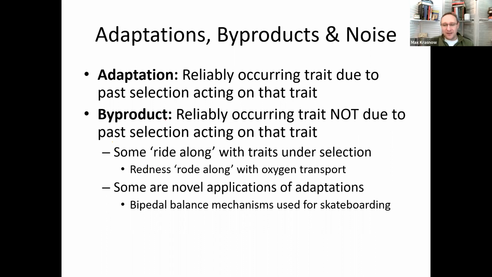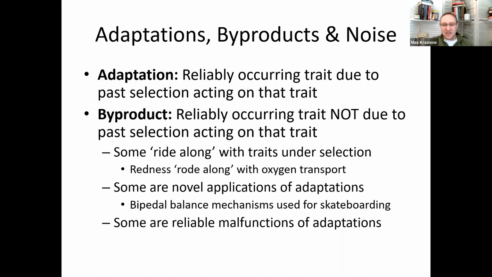And third, some of these traits are simply reliable ways that adaptations break down or malfunction. For example, we have adaptations for choosing what food to eat. And these mechanisms evolved in a world where sugar calories were very scarce. Finding things that contained a lot of sugar was a rare event, and when you found it, you had to eat it.